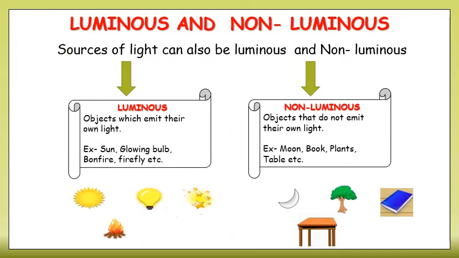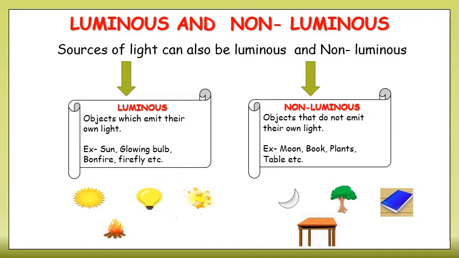Now, these natural and artificial sources are of two types, luminous and non-luminous. What are luminous objects? Students, certain objects in our surroundings which emit light of their own are referred to as luminous objects.